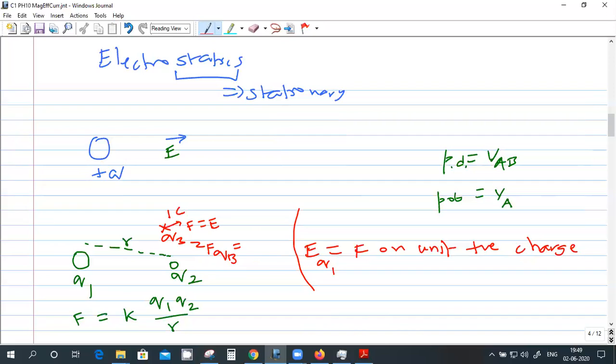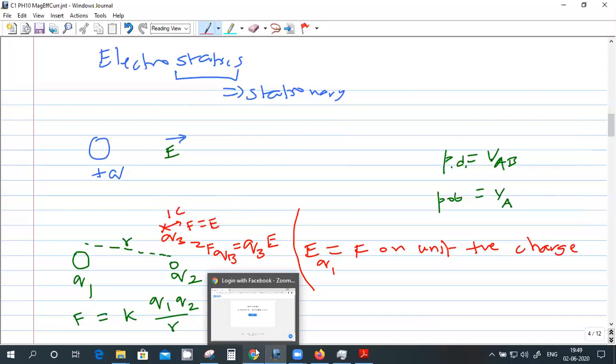So what is the force on Q3 coulombs? Not 3E, but Q3 into E. So if you know the electric field at a point, the force on any charge Q at that point is Q into the electric field at that point. That is the advantage of electric field. Once you know the electric field, I know the force on any charge.